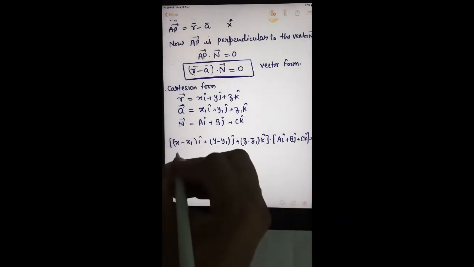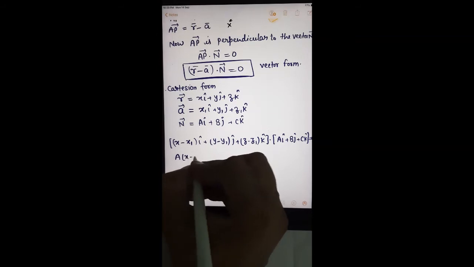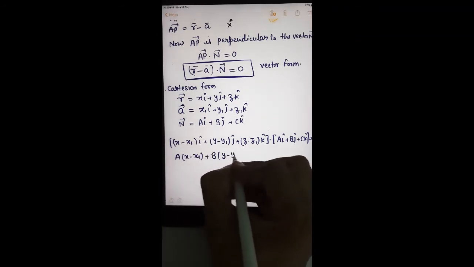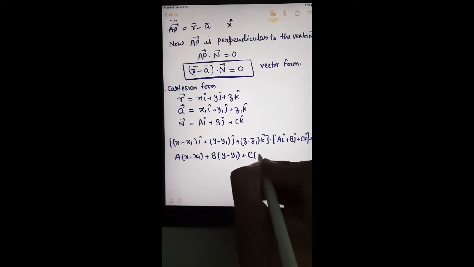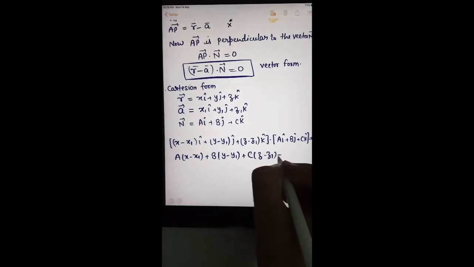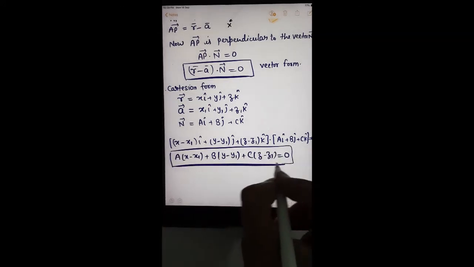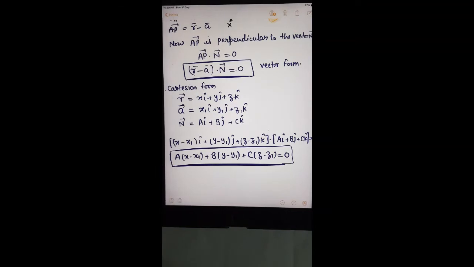So we get a(x minus x1) + b(y minus y1) + c(z minus z1) equals 0. This is the equation of a plane passing through a given point (x1, y1, z1) and perpendicular to a vector whose direction ratios are capital A, capital B and capital C. So this is the equation of the plane in Cartesian form.